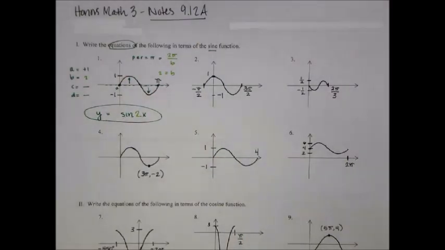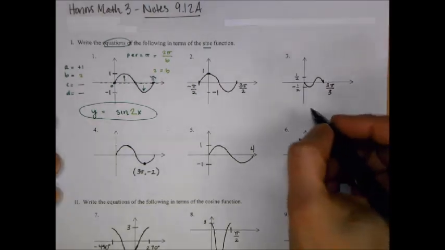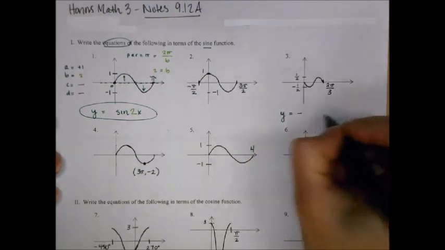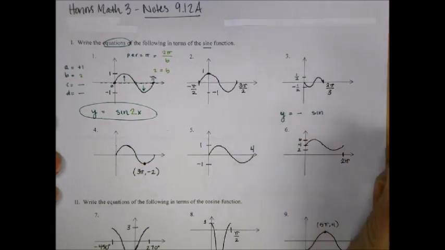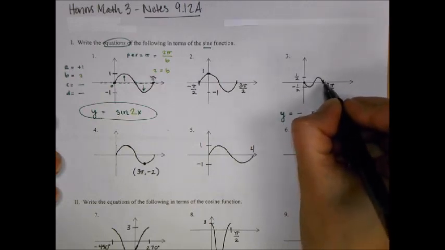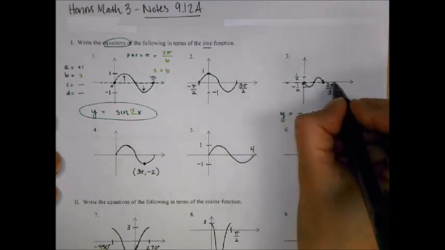So we're going to jump over here to problem number 3, and we'll do the same thing. Start with our y equals. I know I'll need a negative sine since we have a negative sine graph. Again, I can see the first and the last point here are on the x-axis, and so my equilibrium again is the x-axis.